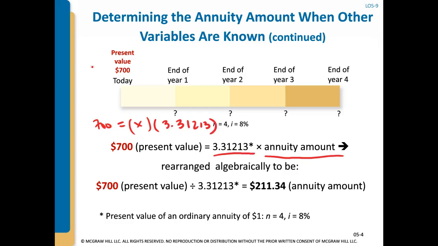If I just divide both sides by 3.312, my equation is $700 divided by this factor amount, and now I have my annuity amount: $211.34. So I have to pay my friend $211.34 at the end of each year for the next 4 years, if I want to borrow $700 today.